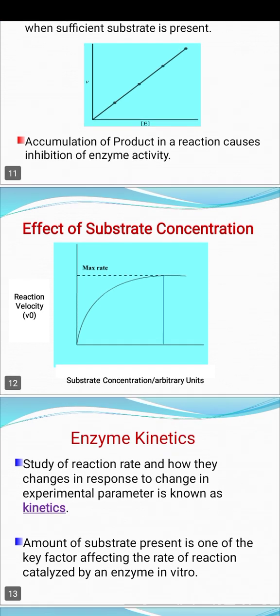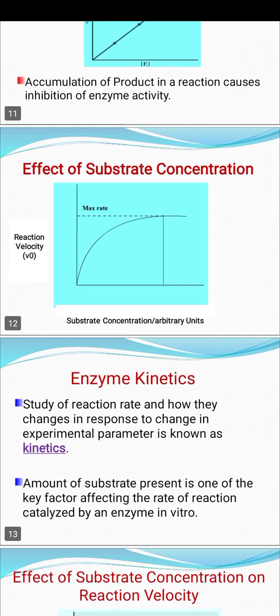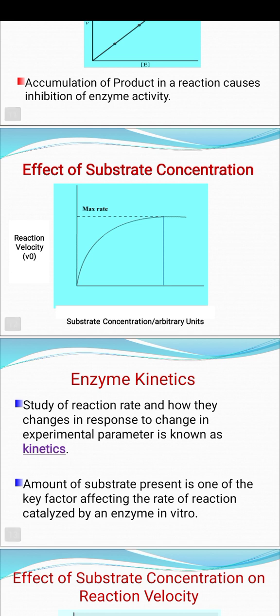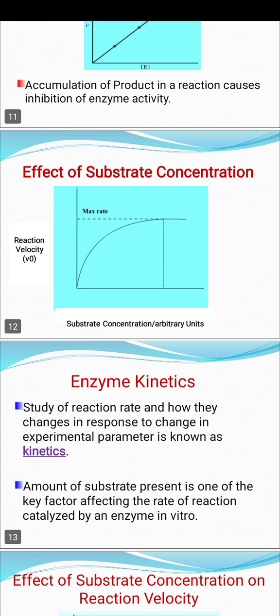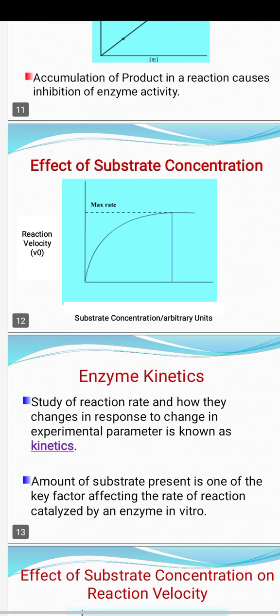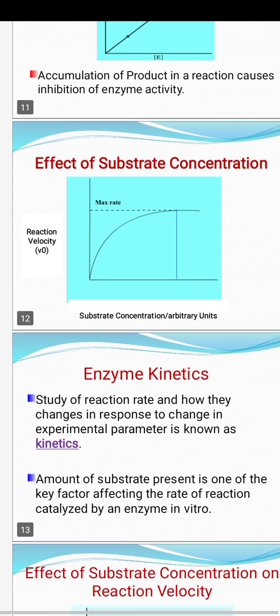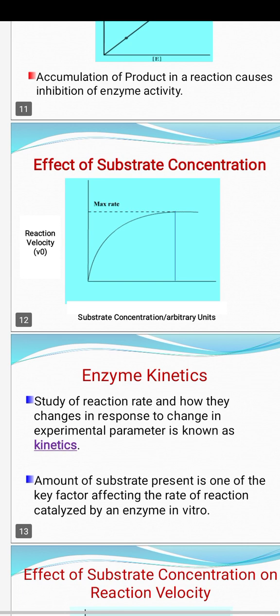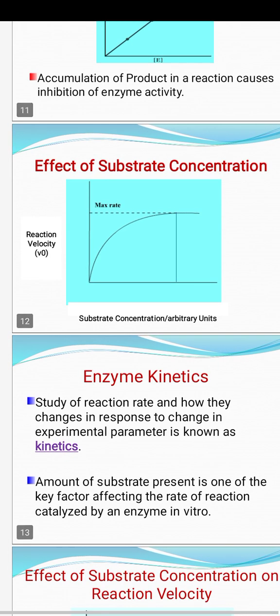Right? What is enzyme kinetics? The study of the reaction rate and how it changes in response to change in the experimental parameter. What is the rate of reaction? Rate of reaction and velocity of the reaction are the same.